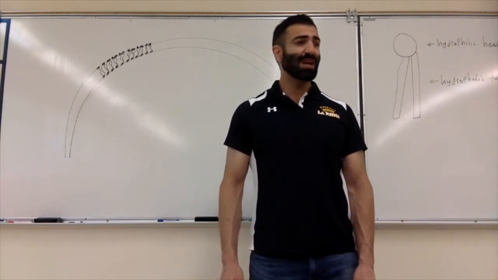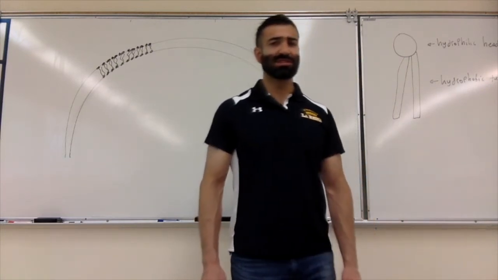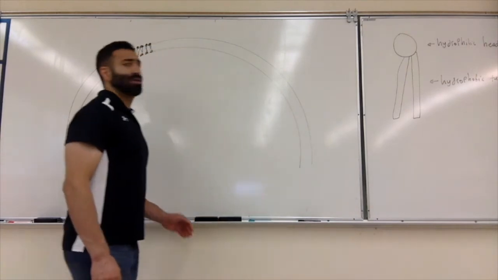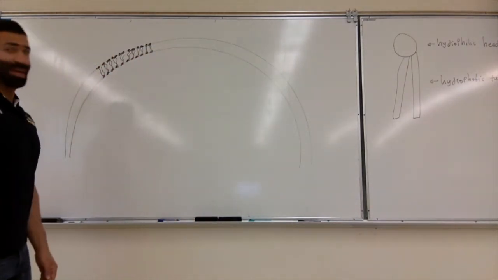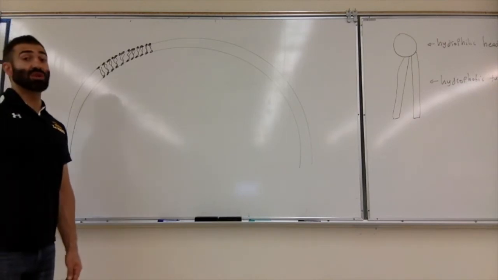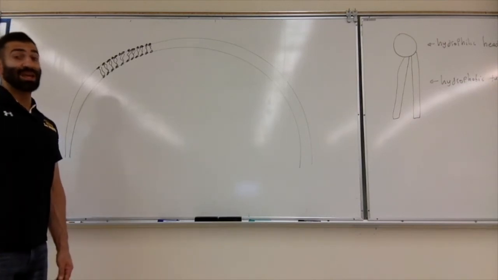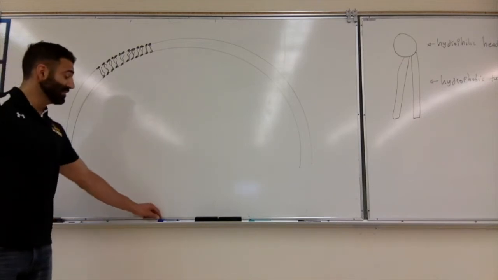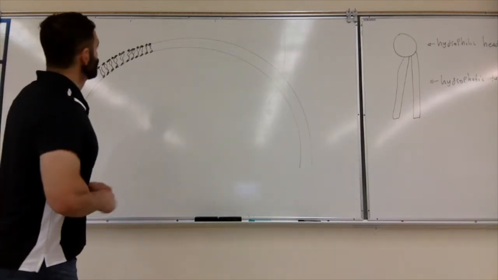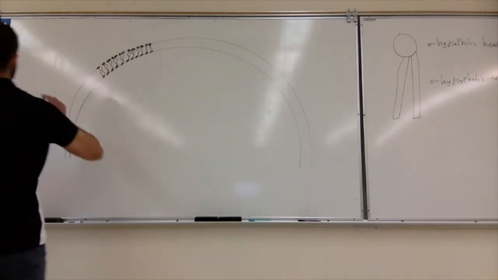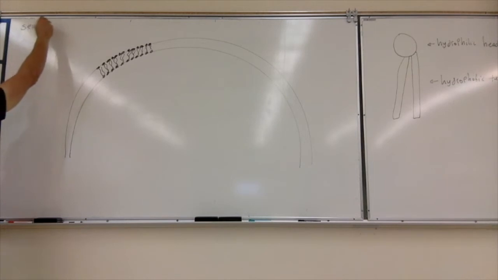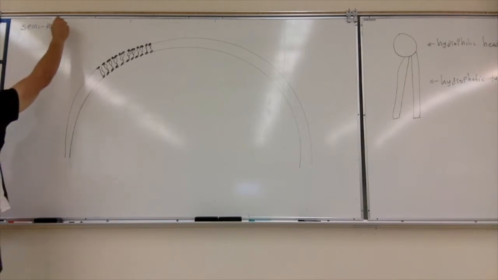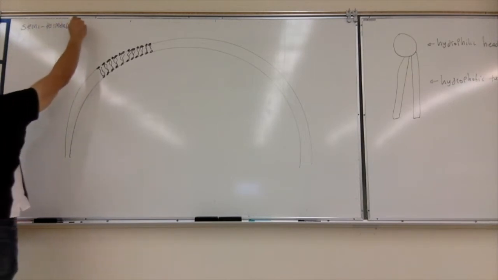And what's interesting about the cell is that animal cells, at least, are made up of something called a phospholipid bilayer. In fact, if you remember from your introductory biology class, it's called a semi-permeable membrane. So I'm going to write this off to the side so it doesn't get in the way. Semi-permeable membrane.